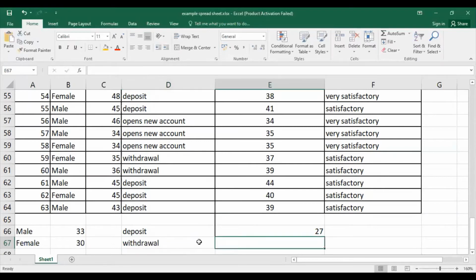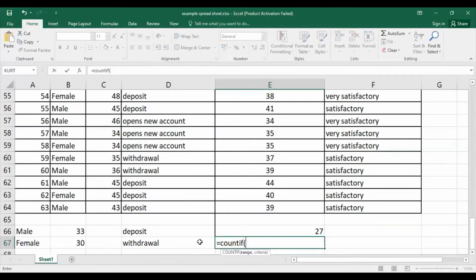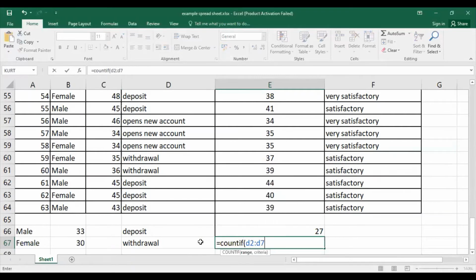Okay. So again, our Countif function, and then the range, we have D2 up to D64. And again, if you noticed, our column D from D2 to D64 is highlighted. That means that is the range.